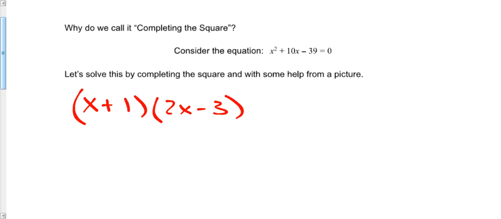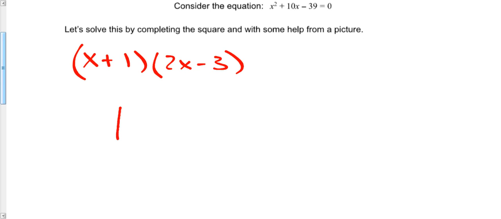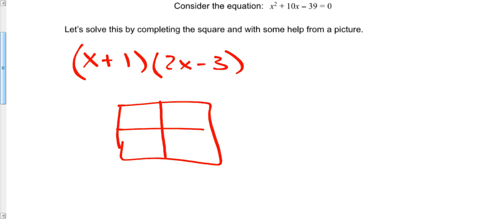The box method, right? What I like calling the area model, because I'm basically multiplying two things to find the area of the whole box. I break it down into the individual boxes, and I add them all together, and I get the area, right? Okay.